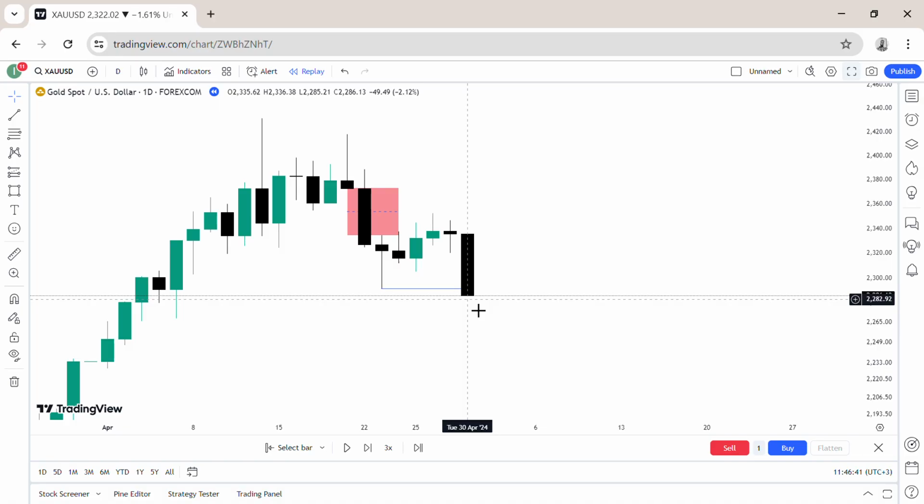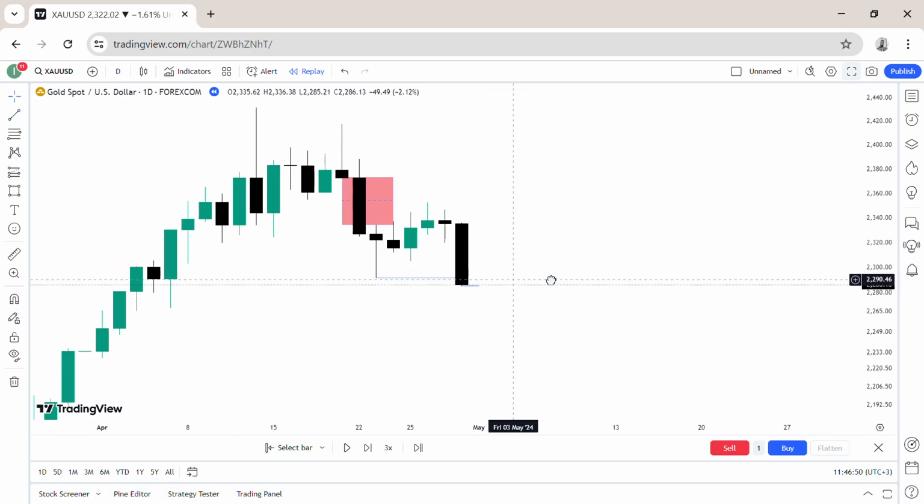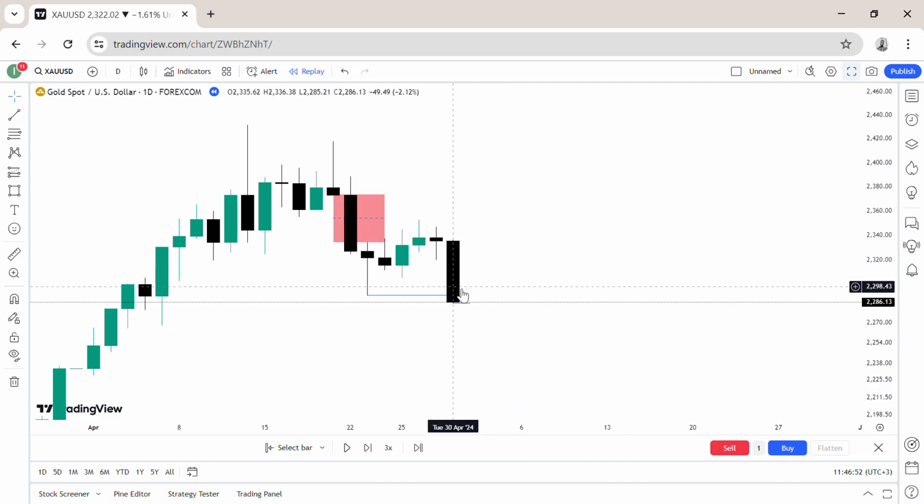So I'm expecting the next day candle to be bearish and close below this low, okay? Because this one closed below, and for me this is a displacement. So I'm expecting the next day candle to close below this current candle.